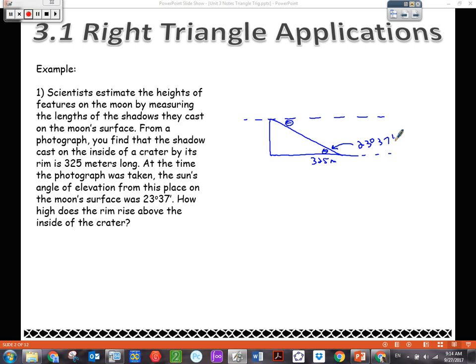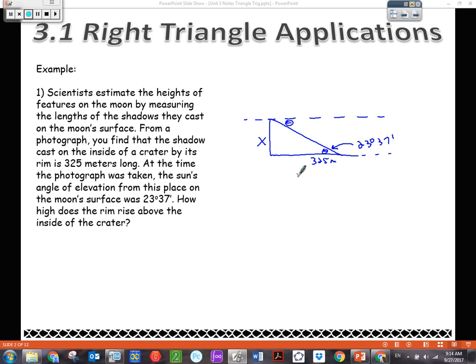So let's continue. Let's see what they're wanting. How high does the rim rise above the inside of the crater? So what we're looking for is this measure. We have this angle measure, we have adjacent, and we want opposite. That sounds like a tangent or a cotangent, doesn't it? Since tangent is on our calculator, that's really easy, so I'm going to go for a tangent.